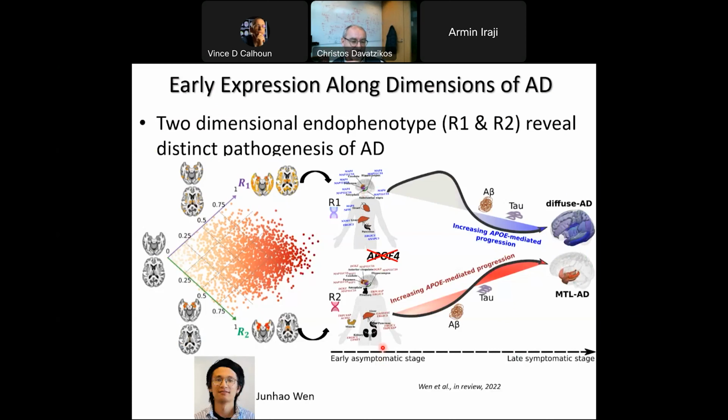So to our positive surprise, yes, you can detect the presence of these signals, although they are much more subtle, less pronounced. So you can detect these types of brain atrophy in these individuals, but they're not associated with ApoE4. They're not associated with amyloid or tau in studies for which we had amyloid and tau.